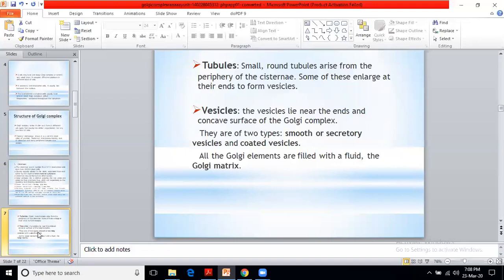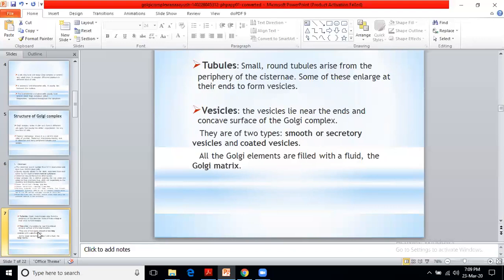Now the third organelle, that is vesicles. The vesicles are 60 nanometer in diameter, and there are three types. First one is the transitional vesicles, second one is the secretory vesicles, and third one is the clathrin coated vesicles.